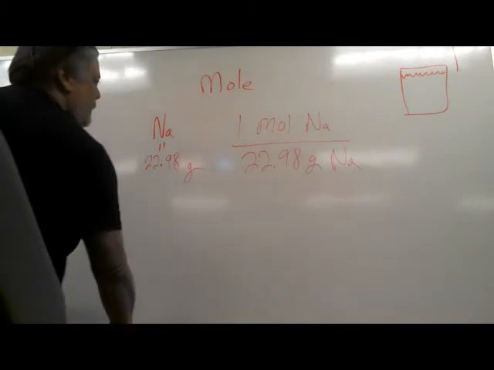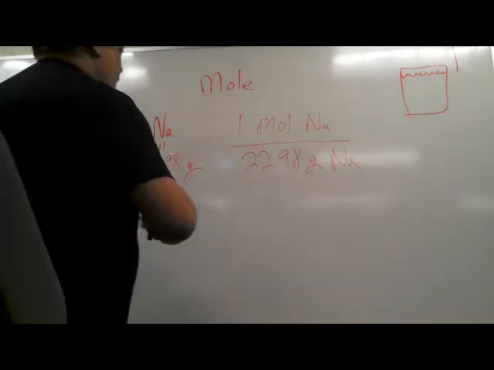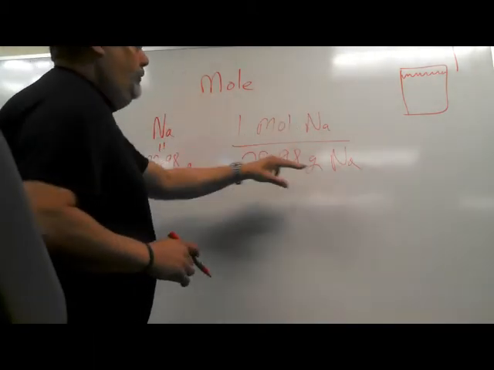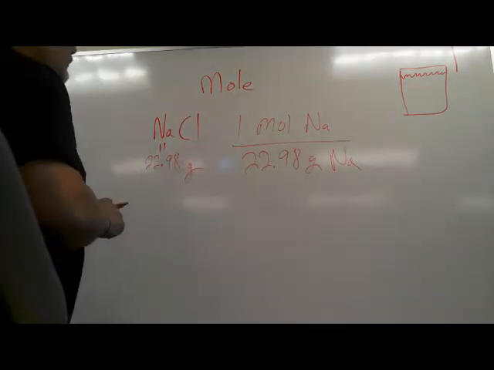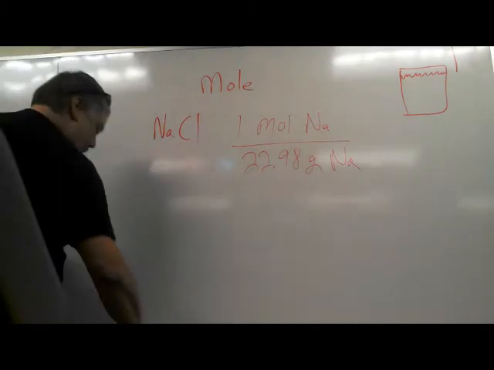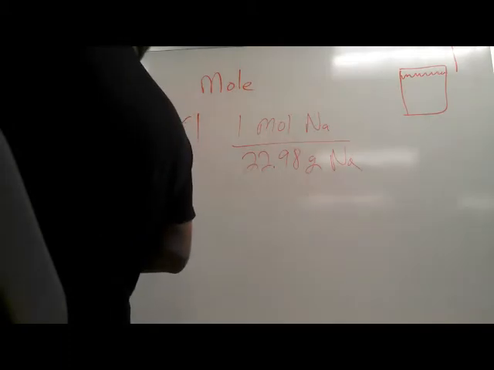So you may hear the term molar mass. Let's talk about molar mass. This is the molar mass of sodium, 22.98 grams. What if you needed to know the molar mass of sodium chloride? Okay, what do we have to do? We have to look at the chart.